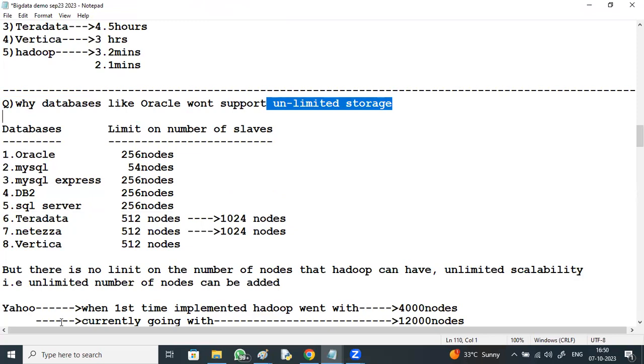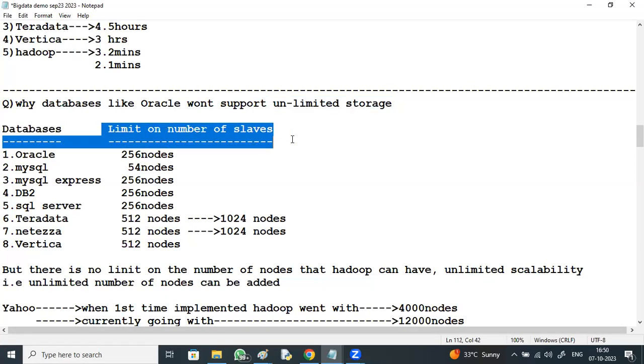In real time, databases like Oracle can go with multiple systems, but there is a limit on the number of slaves.